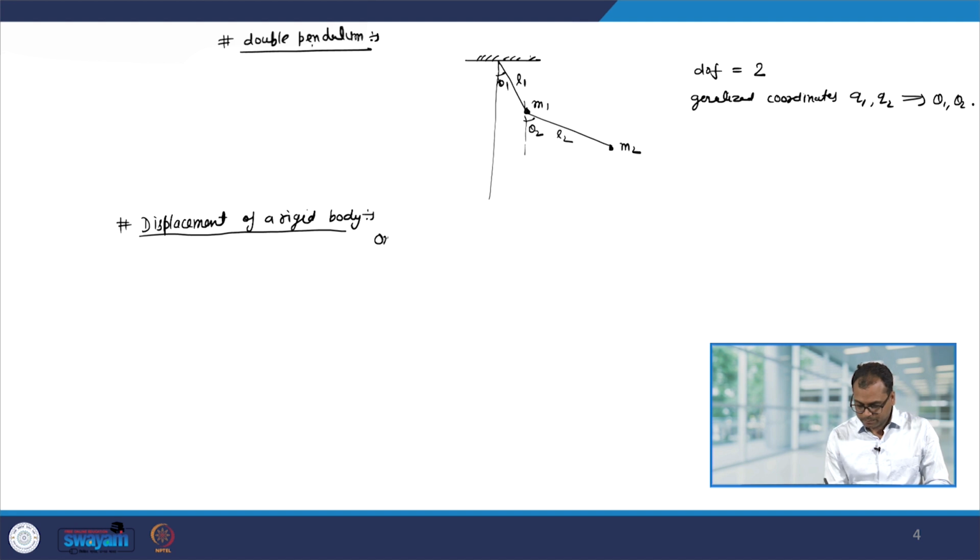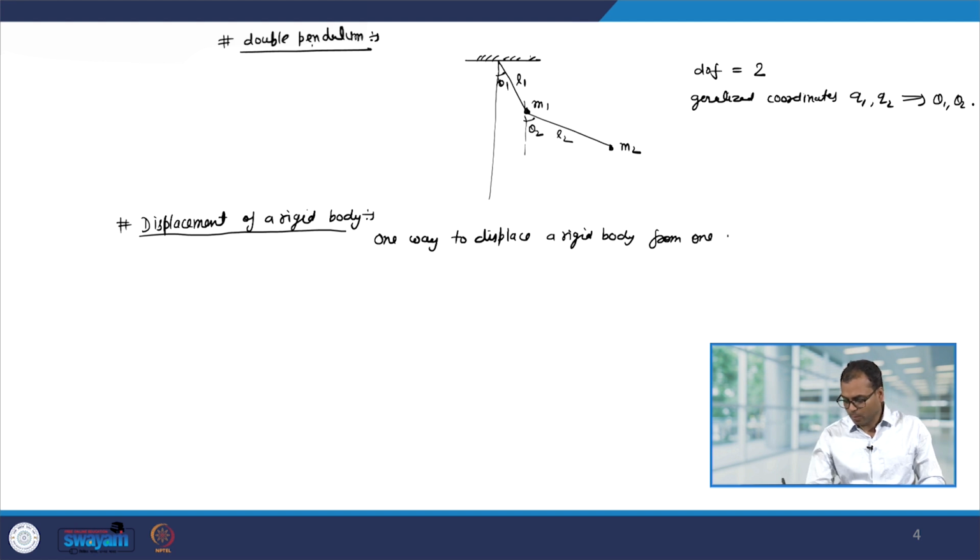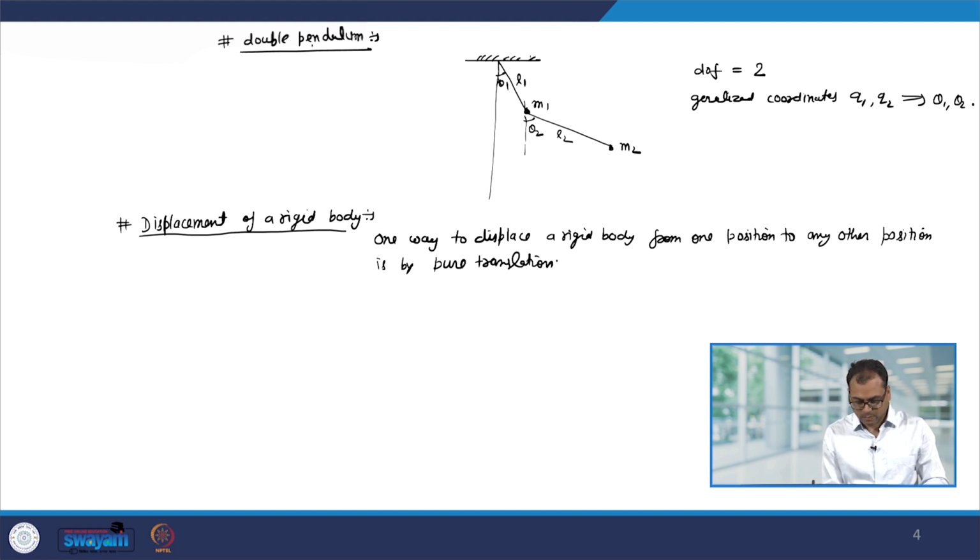So, one way to displace a rigid body, let us say from one position to any other position, is by pure translation. So, what do I mean by that? Suppose I have a rigid body and you want to displace it. So, we can just do pure translation, rotation is not involved.